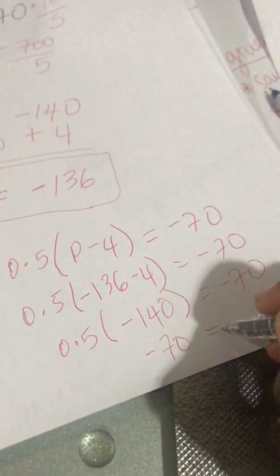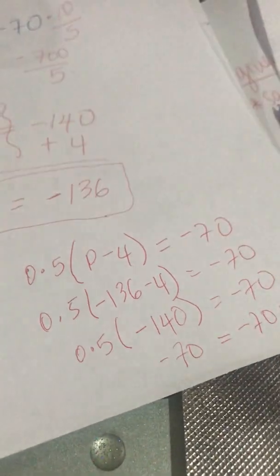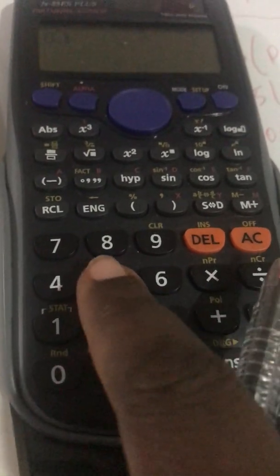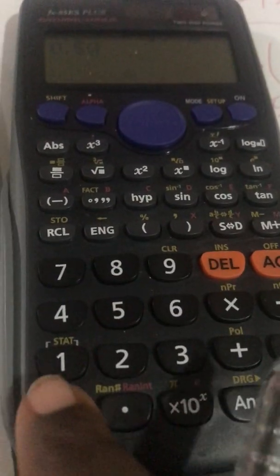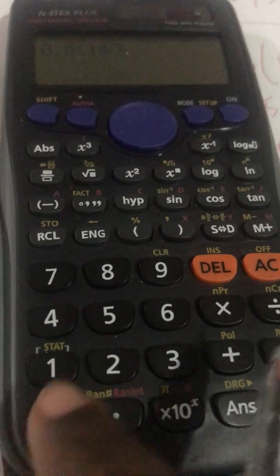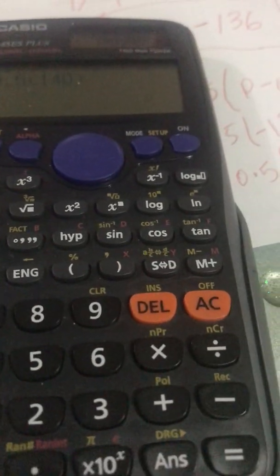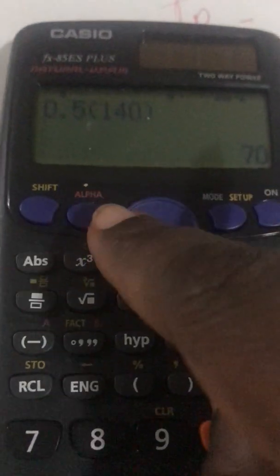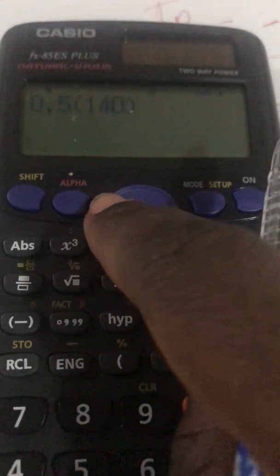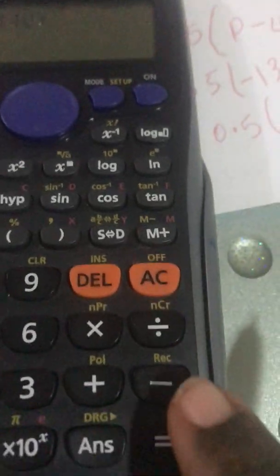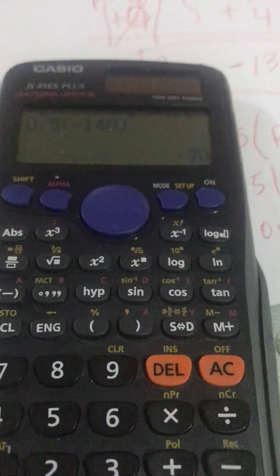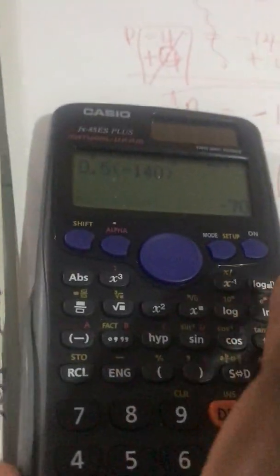Negative 70 equals negative 70. Check. How do I know? No, this is supposed to be negative. And there, negative 70.